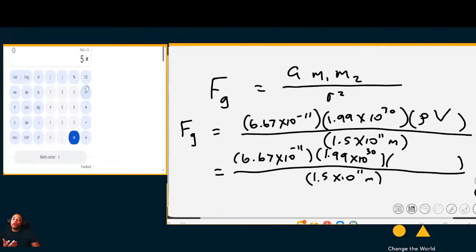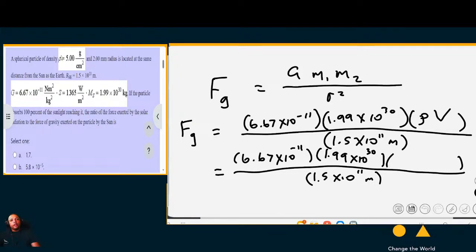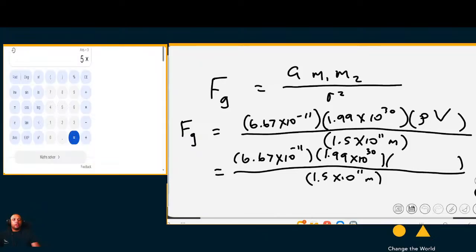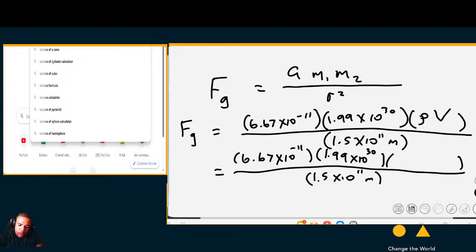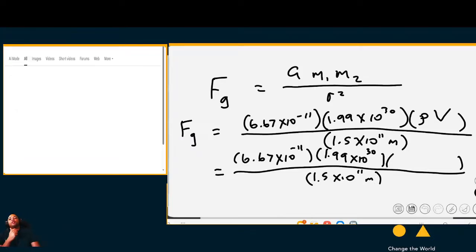by the volume of a sphere. Let's just check. What is the volume of a sphere? They tell us here it is a spherical particle. The volume of a sphere is 4 over 3 pi r cubed.